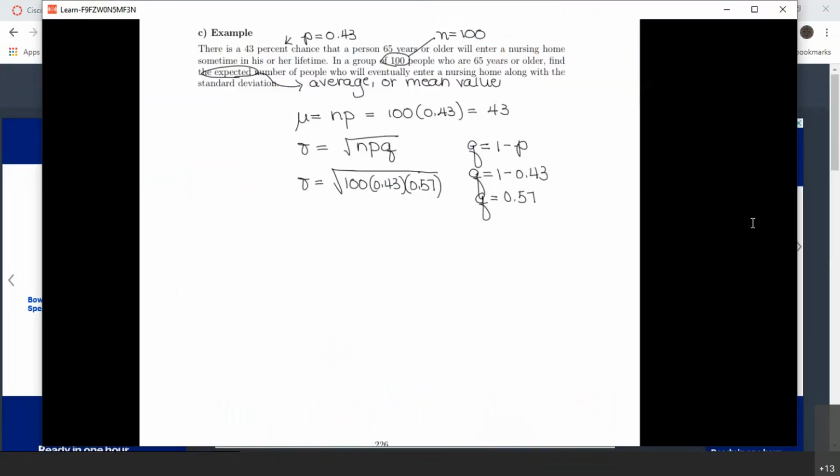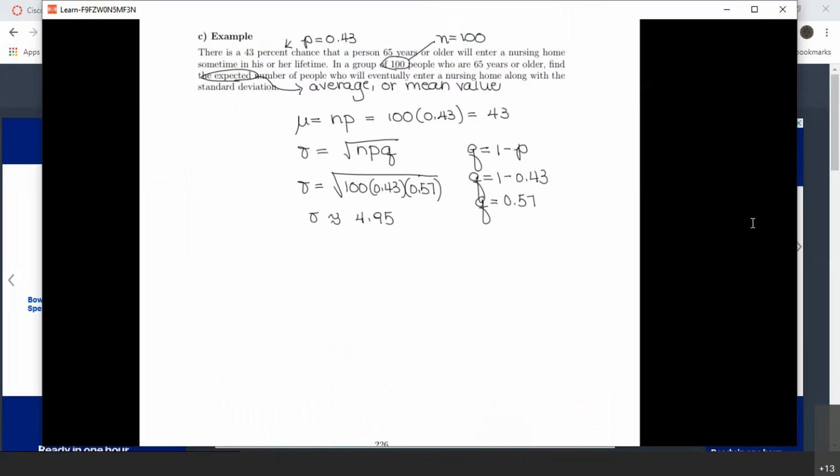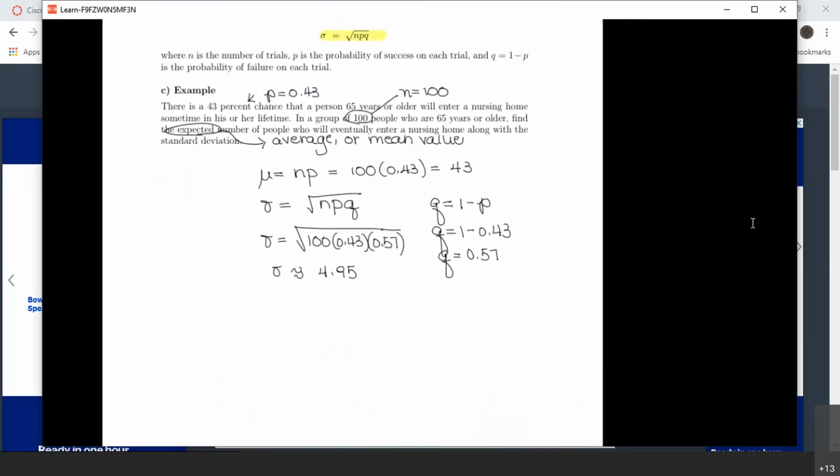So I'm going to go back here and I'm going to say this is approximately 4.1. Okay, and again, remember the idea behind standard deviation. What it says is, on average, you'd expect 68% of the area under your curve, your probabilities, to be within one standard deviation either side of the mean.